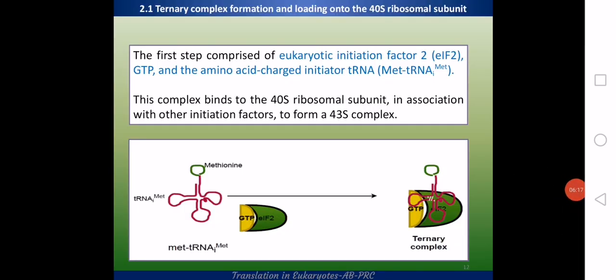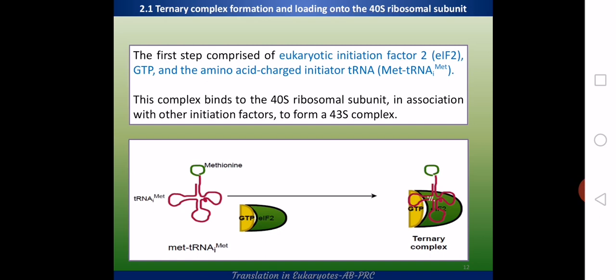This is the first step, the ternary complex formation. Here eIF2, which is homologous to IF2 in prokaryotes, bound with GTP, will form a complex with the first tRNA, which carries the methionine.